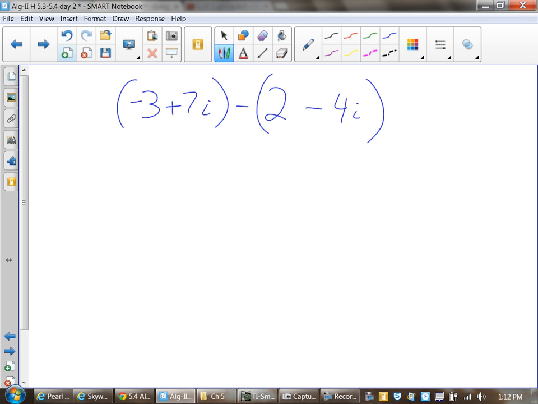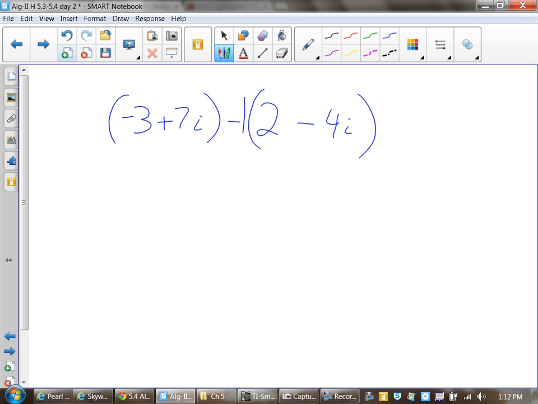You want to treat this subtraction symbol as a -1, and when you rewrite it, you're distributing the negative to both terms. So you write -3 plus 7i minus 2 plus 4i, and then you combine your like terms. That's the only trick with subtraction: remember to distribute the negative value to both parts of the complex number.